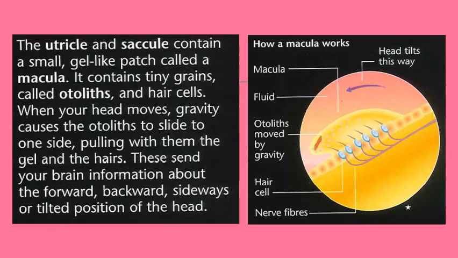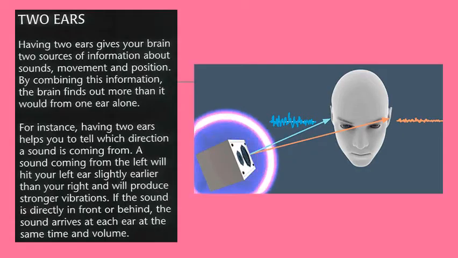So there's the otoliths that gets moved by the gravity, and this pulls the tiny hairs, and these hairs are then connected to what? Yes, they're connected to nerves that travel up to your brain. These send you information about the forward and backward and sideways or tilted position of the head.